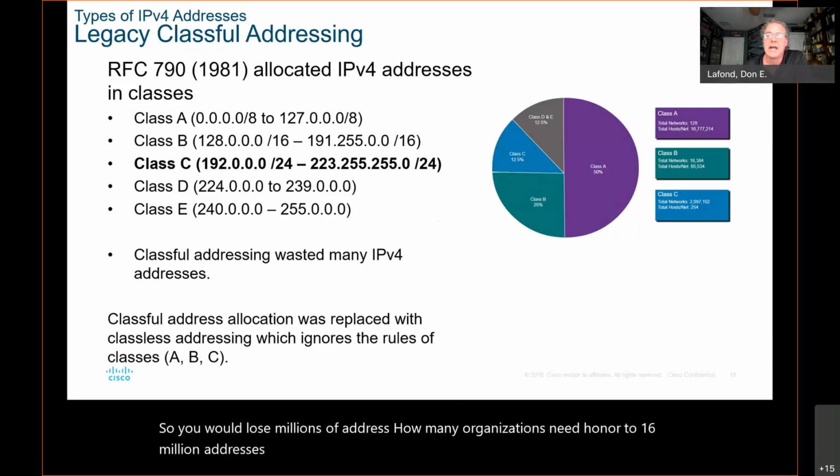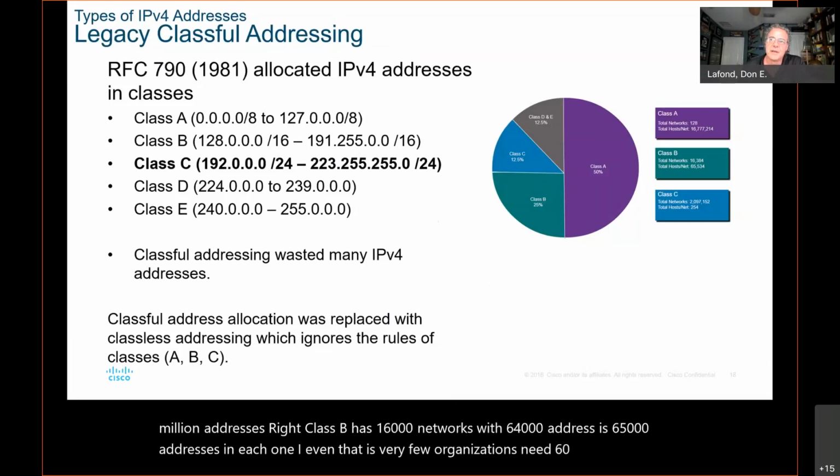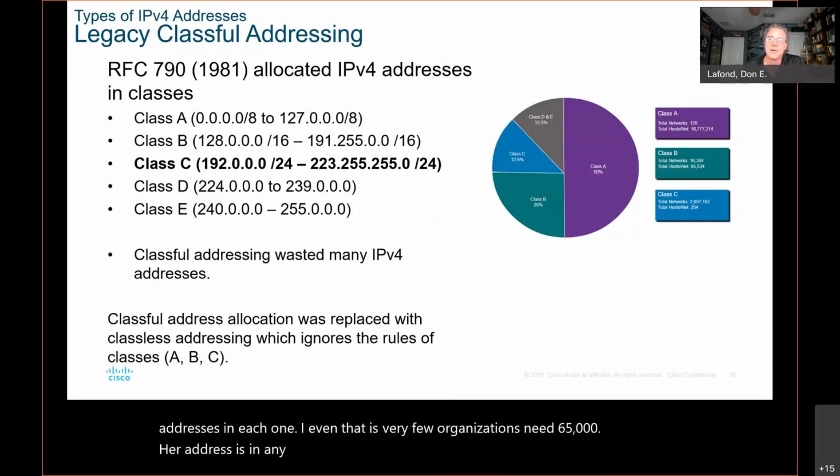Class B has 16,000 networks with 65,000 addresses in each one. Even that is very few organizations need 65,000 addresses in any one subnet. So we do Class C, you get 2 million networks.